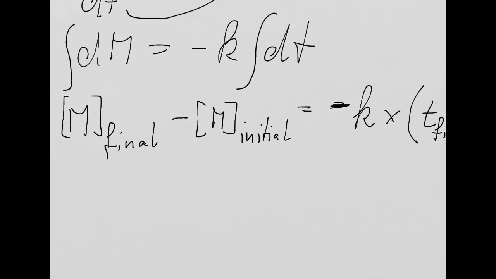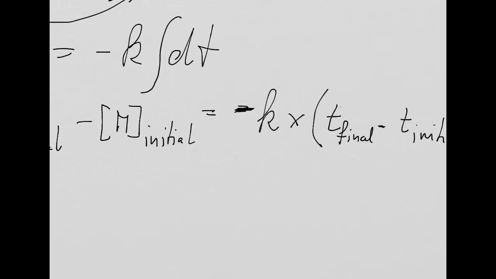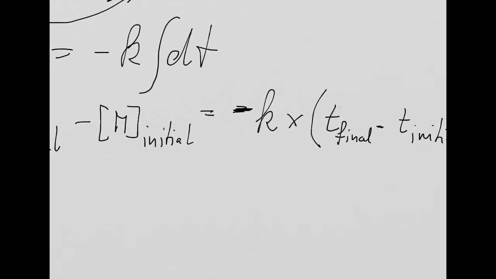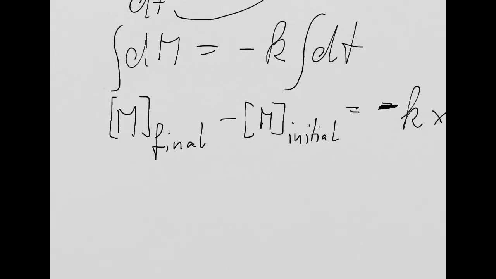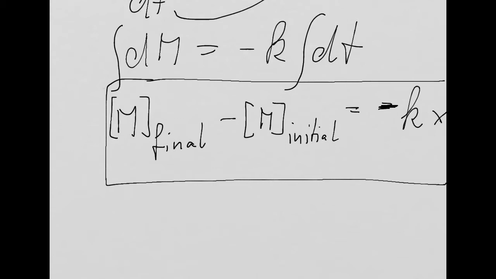So M final minus M initial equals minus k times T final minus T initial. Right. Well, not terribly exciting, but what I want you to do is I want you to remember this equation.